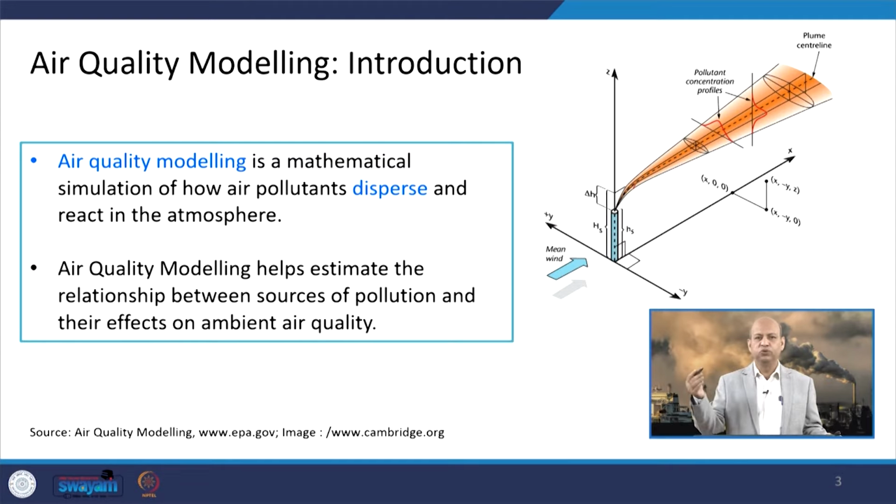When it goes in the downwind direction it disperses from the center line, left, right, and above and below. So, the dilution happens, and maybe at the point of our interest, dilution is so much that the air quality is not influenced by the concentration released due to emissions of the air pollutants from this point source. Okay.